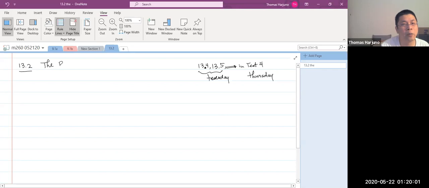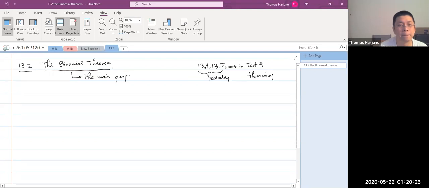Now, one of the main purposes of this theorem is to find the expansion when we multiply a plus b to the n out.